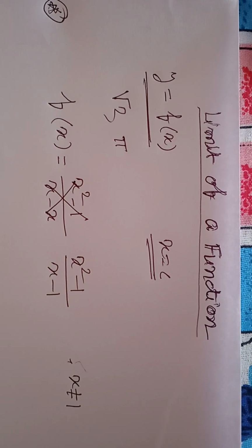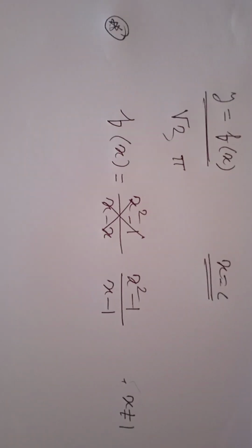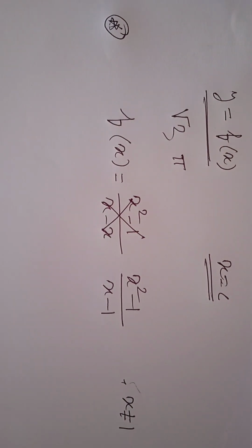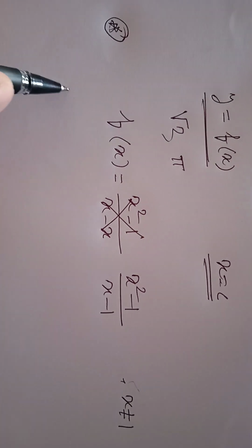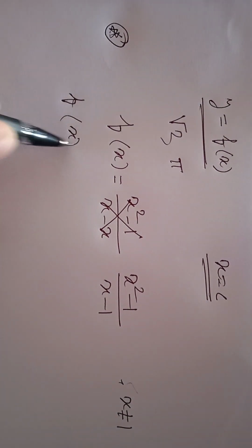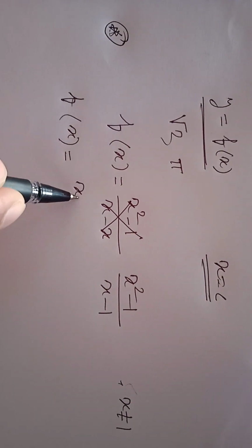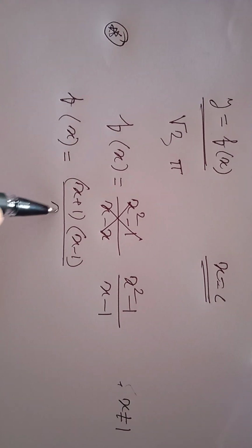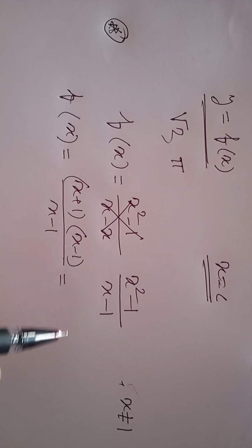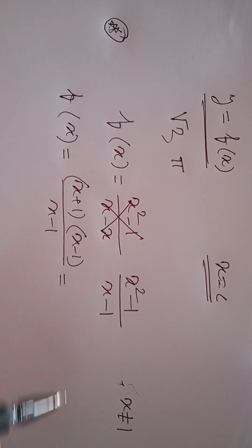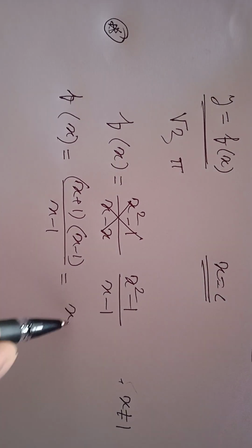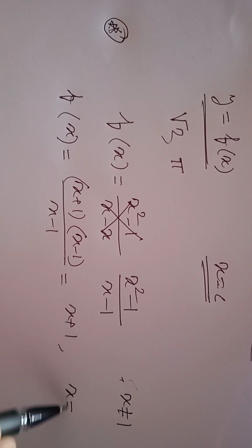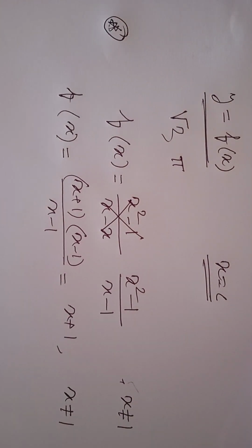But what is the behavior of this function near x equals 1? We can simplify it: f(x) equals (x plus 1)(x minus 1) by (x minus 1), which equals x plus 1, since x is not equal to 1.